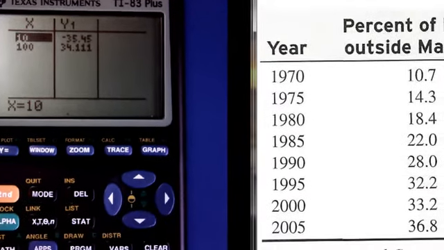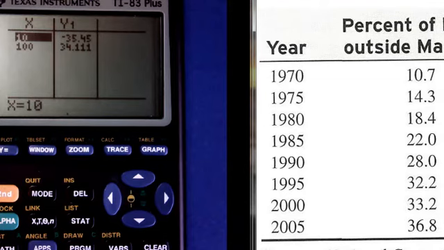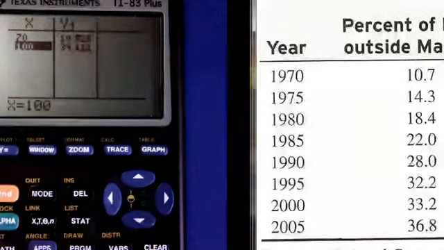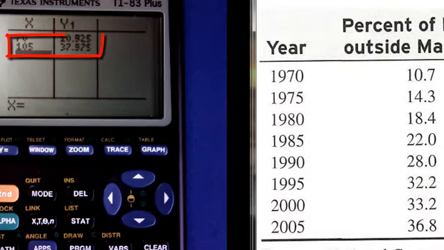For example, to check this, I might enter a 70 and see if I get approximately the 10.7, which I do. 2005, I could enter a value there, which would be 105. And I get very close to my 36.8. From there, we can even make estimates.